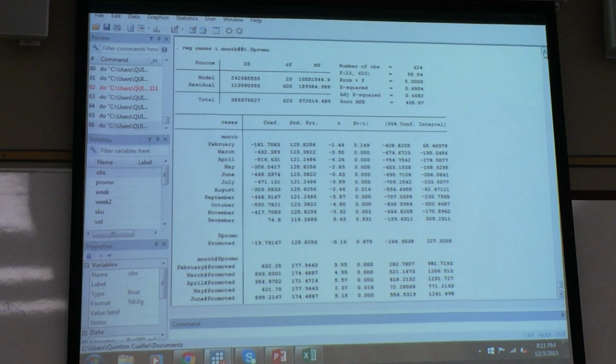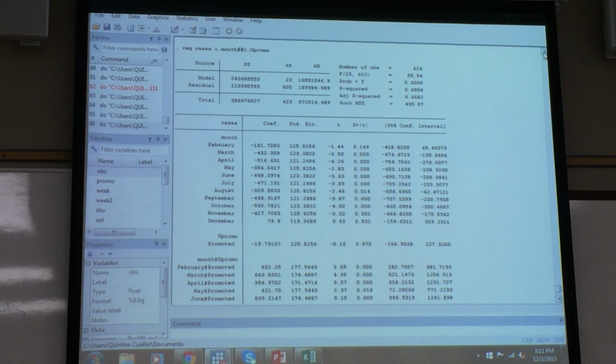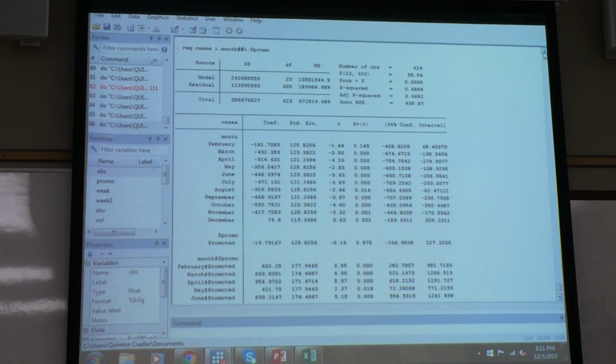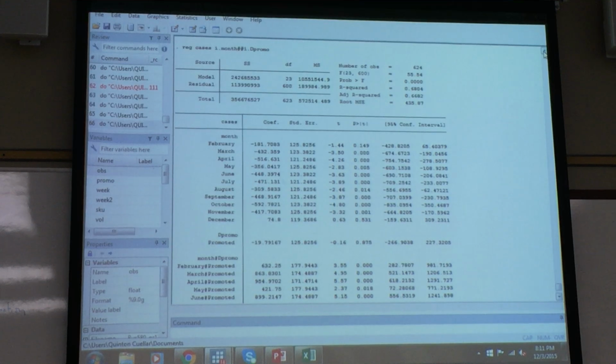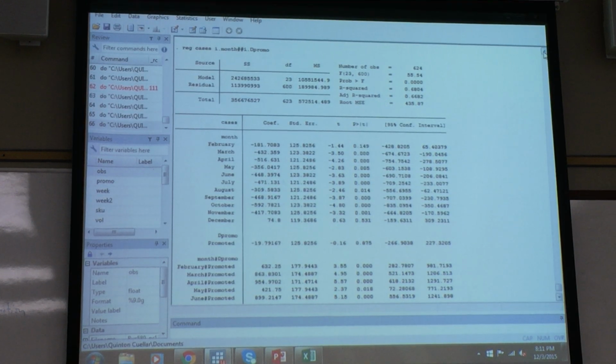But we would have essentially a bunch of dummies per month. A dummy for promotion. Should have put that beta 2. I'll put that here, beta 2 promotion.